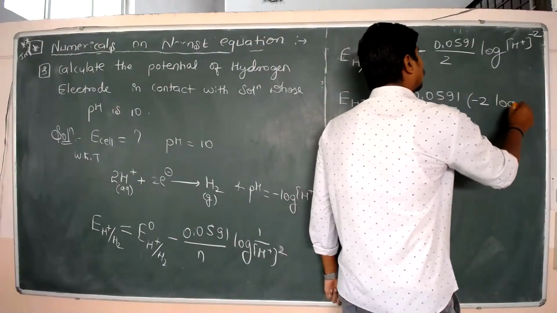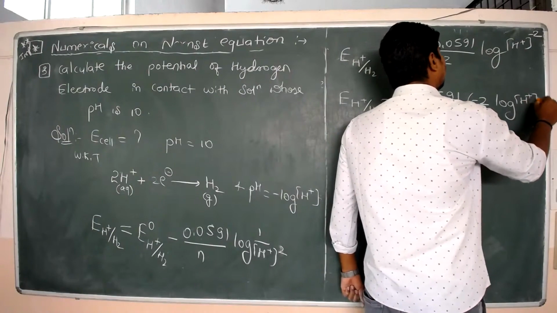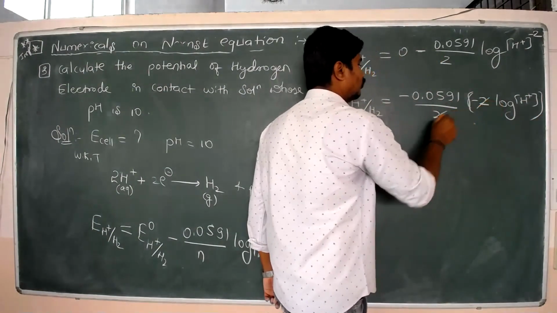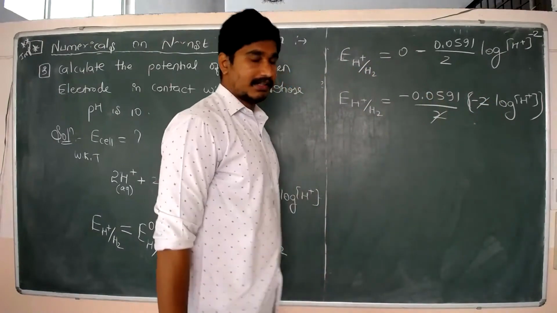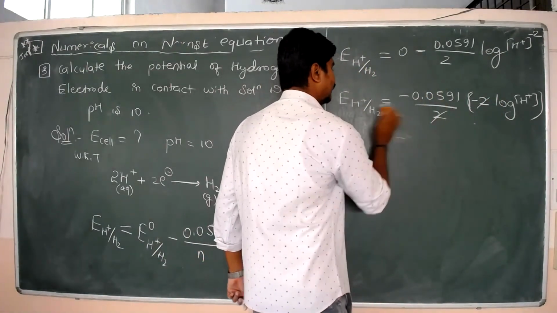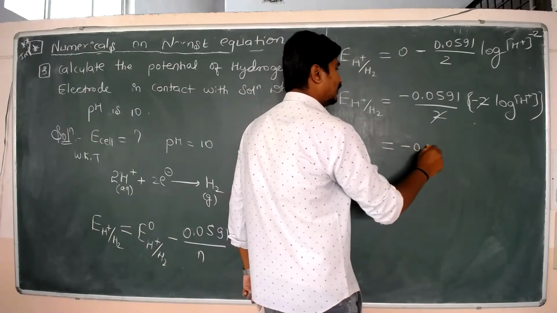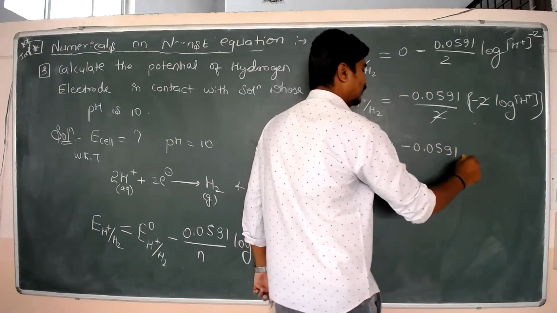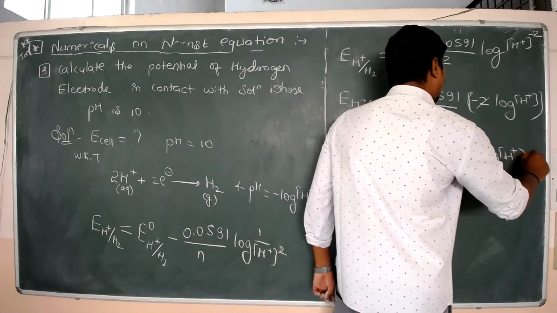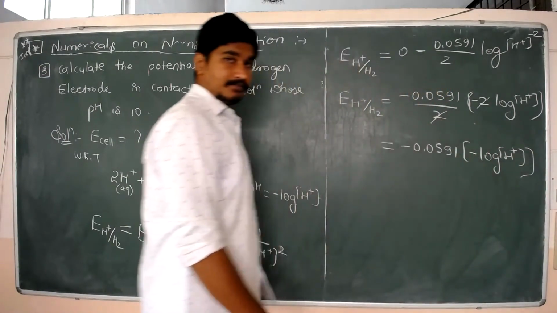Now what happens? Here the 2 cancels. Now, what is left here? 0 minus 0.0591, here it is minus log of H+. Minus log H+.